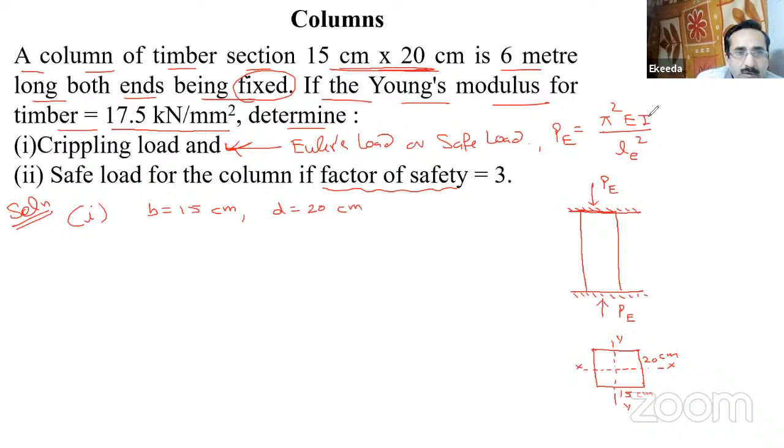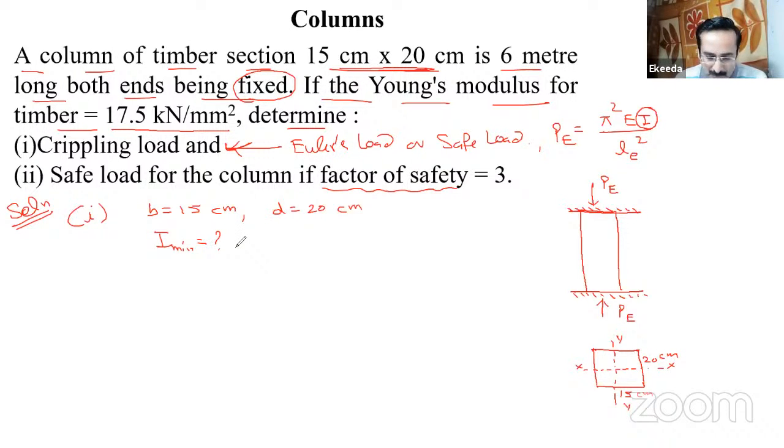In this, we need the minimum moment of inertia, because buckling takes place about the axis for which the moment of inertia is minimum. So first we have to find I minimum.